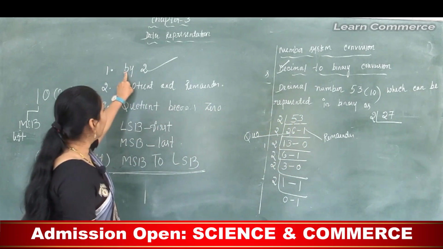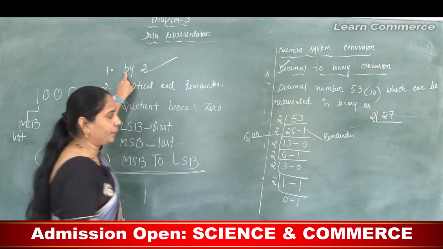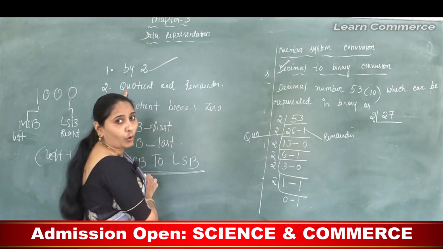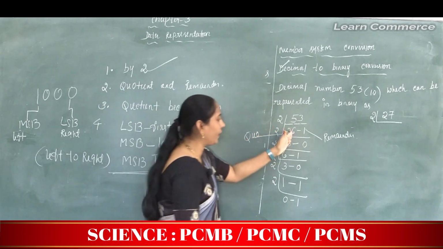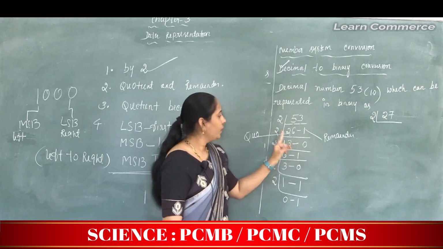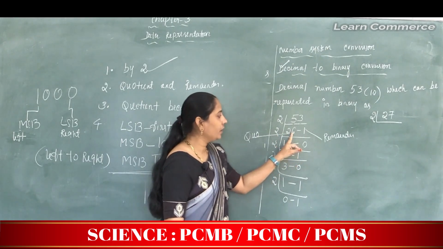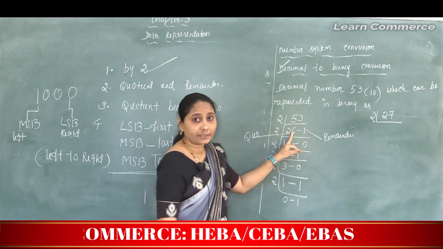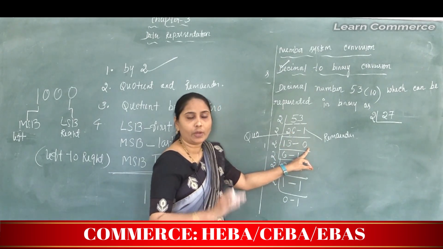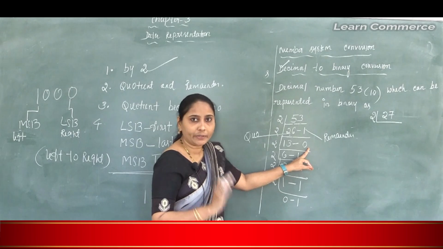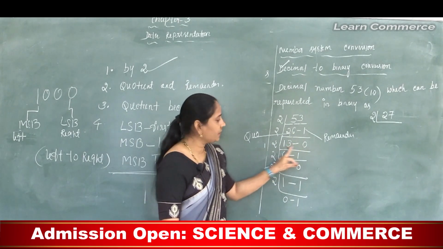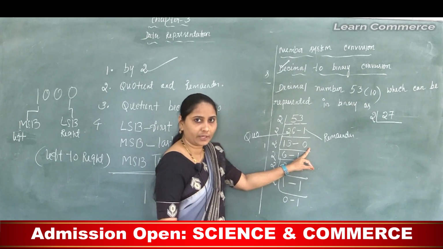So divide the given decimal number by 2, one by one, and note the quotient and the remainder. Now again, 2 13s are 26. The remainder is 0. Correct?